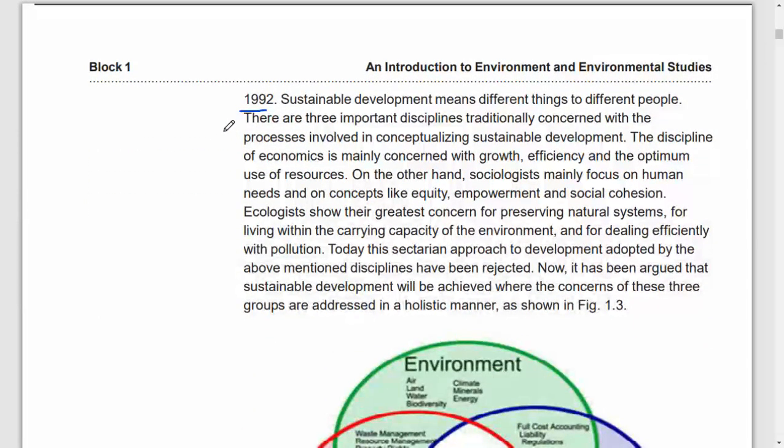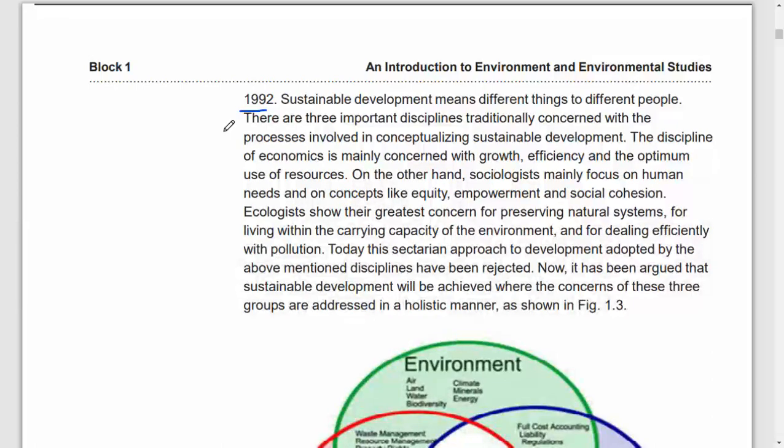There are three important disciplines traditionally concerned with the process of conceptualizing sustainable development. The discipline of economics is mainly concerned with growth, efficiency, and the optimum use of resources. On the other hand, sociology is mainly focused on human needs and on concepts like equity, empowerment, and social cohesion.